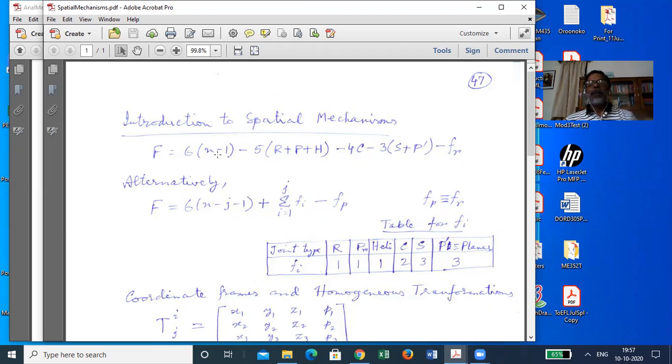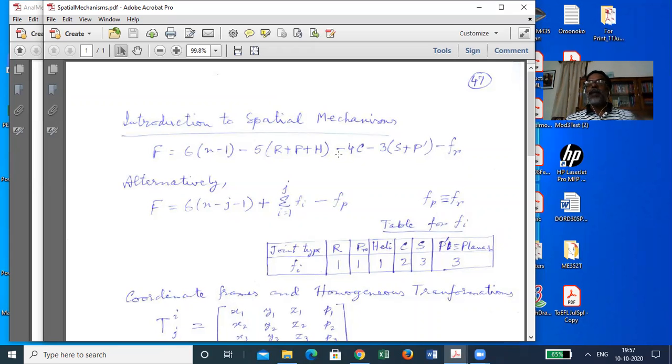Okay, because only one rotary freedom between the 2 links it will offer. So minus 5 times the number of revolute pairs, minus 5 times the number of prismatic pairs. Helical pair also has 1 freedom, that means 5 constraints. So minus 5 times h, the number of helical pairs.